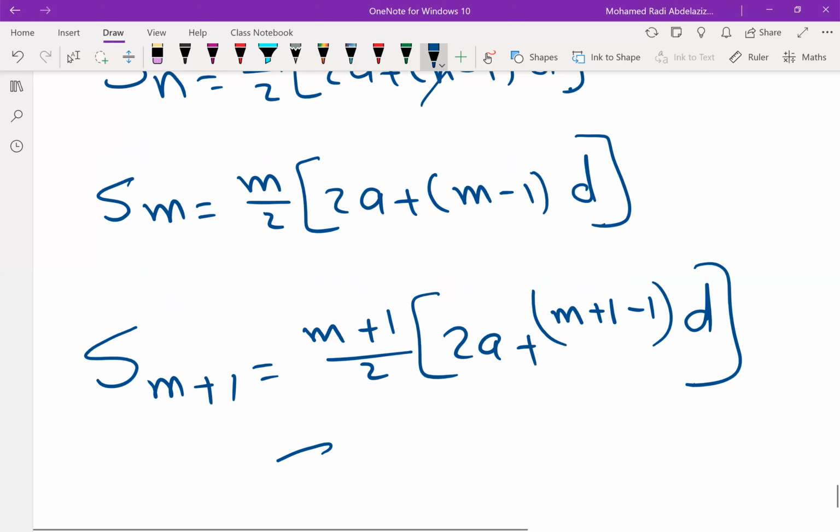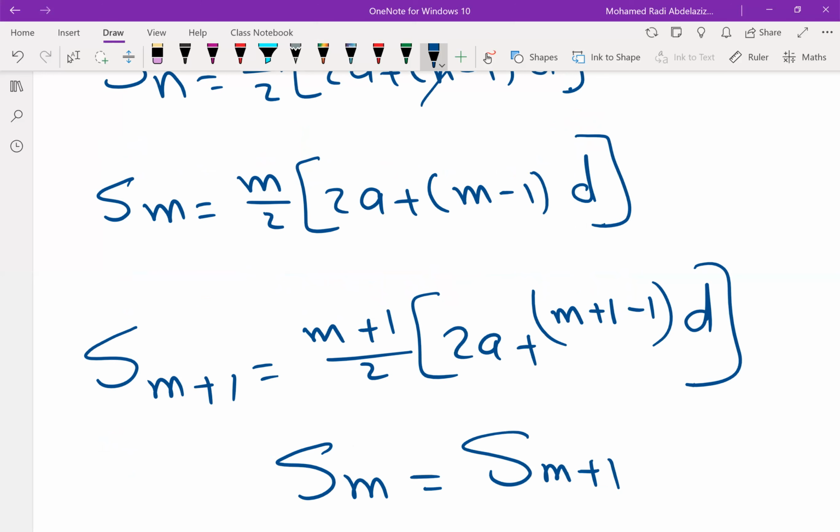You can write Sm equal to S(m+1) and equate them. We already have the values of a and d in both. By equating, take your time, solve the equation, and find the value of m.